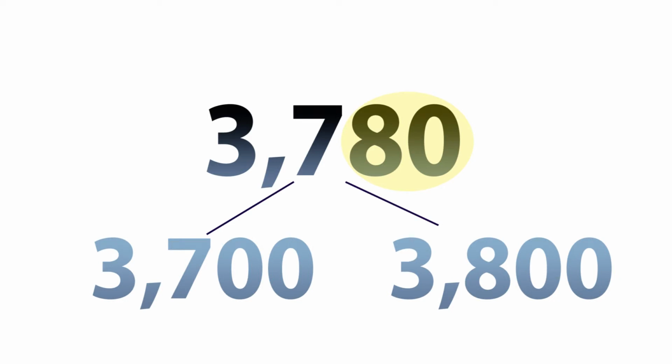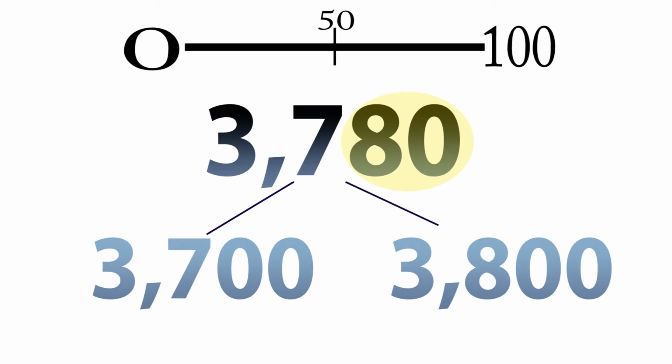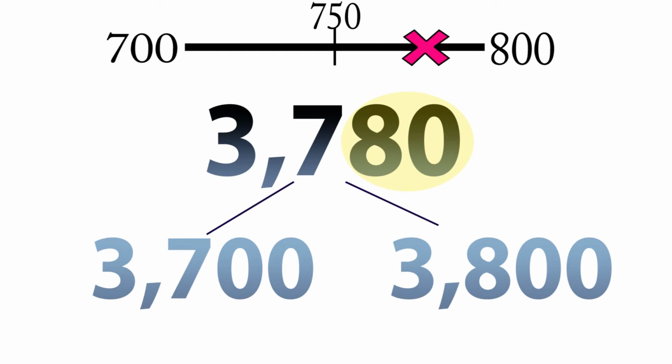So, essentially, we need to decide if 80 is closer to 0, or 80 would round up because it's closer to a larger 100. When I use a number line from 0 to 100 and I estimate where 80 is upon that number line, I can see that 80 is closer to 100 than 0. So it will round upward.